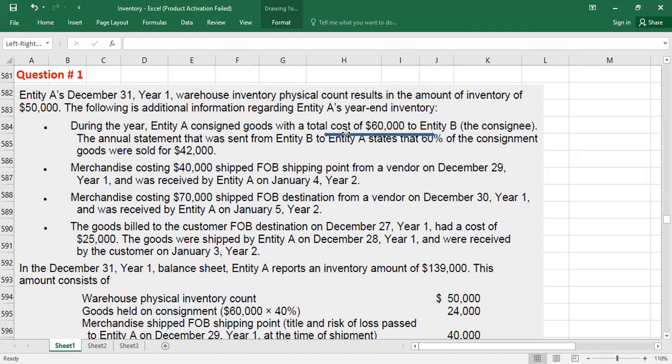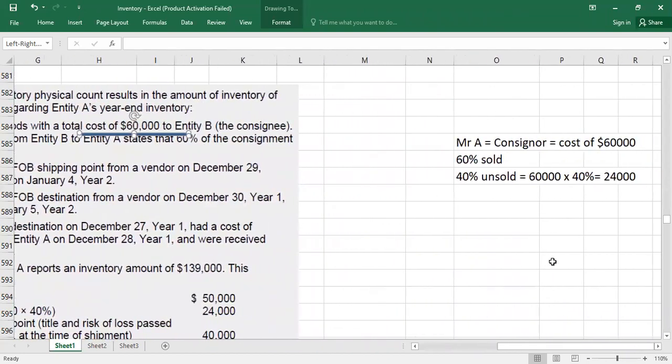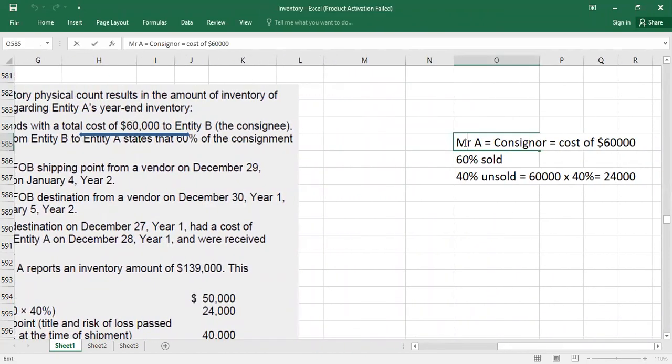So simply we can apply a certain calculation here. As I told you, entity A, not Mr. A, it's company A, is the consigner. So they dispatched the goods with a cost of $60,000. And as per the question, 60% of the goods are sold. It means we have 40% of goods which are unsold.